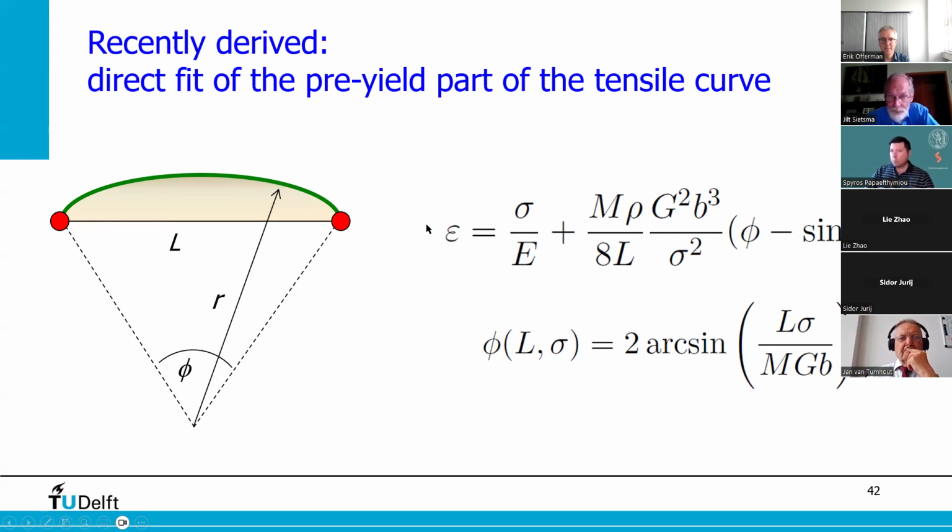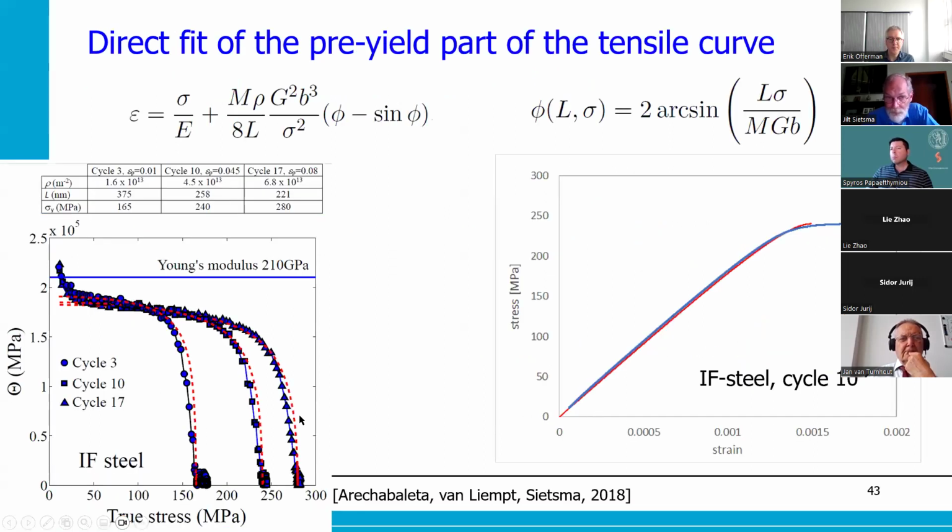This is the total strain, this is the anelastic part, and this is the lattice part. And we have again a certain equation in which everything is known except for rho and L. So we can also do the fit, and in this case it's the fit of the IF steel cycle 10. This is the tensile curve with the fitted curve, and we get the same values as for the Cox-Mecking plot. So even if the measurements are not good enough to take the derivative, with this concept it's also possible to do this fitting and get these parameters.